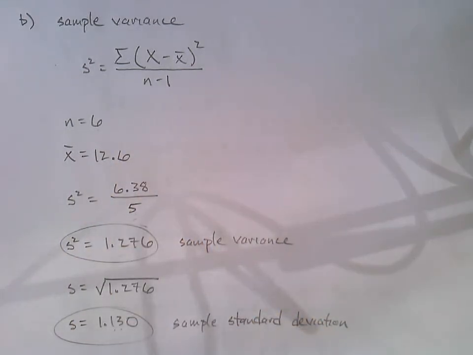When you're looking at a sample, you recognize that you don't have all of the information. We just have a piece, and maybe a small piece, of all of the information. So there's less confidence in your computations. And if there's less confidence, then you can't be as confident in how spread out the data is, right?